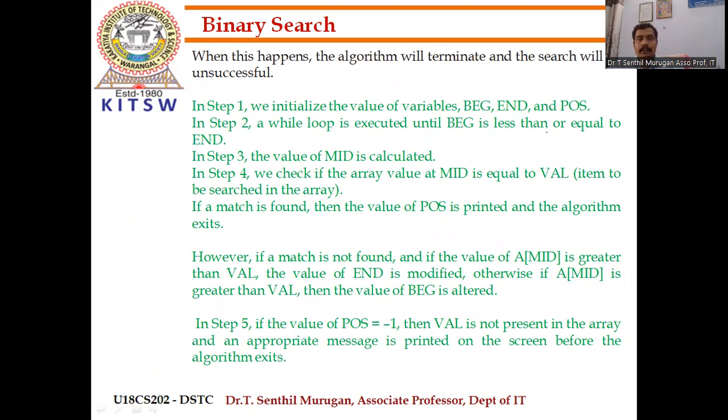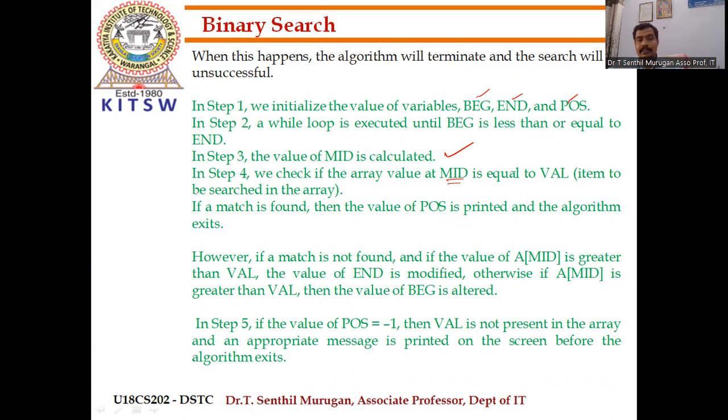So this is the algorithm, how it works. Beginning value, end value and position are given. The while loop is executed until beginning is less than or equal to end. The value mid is calculated. We have to calculate the mid value. Check whether the mid value is equal, less than, or greater than the target.